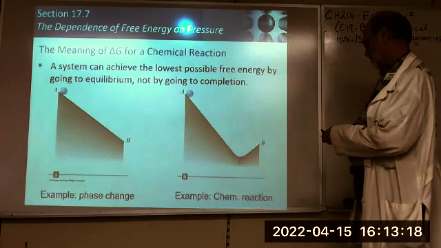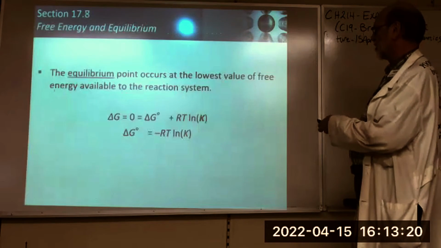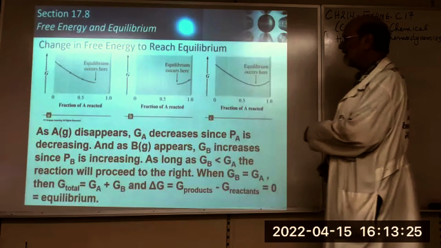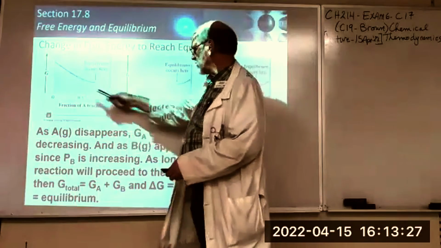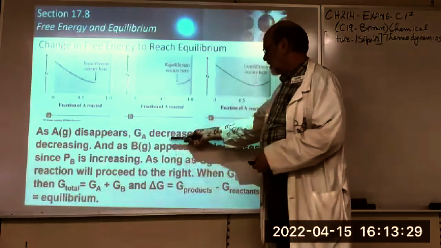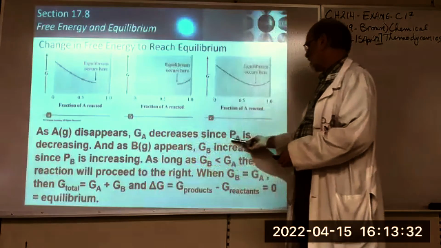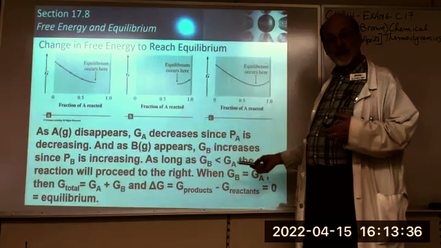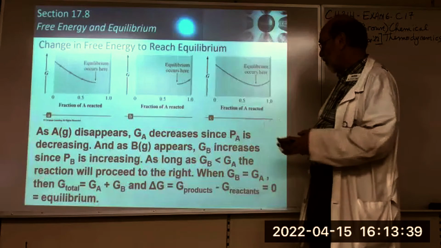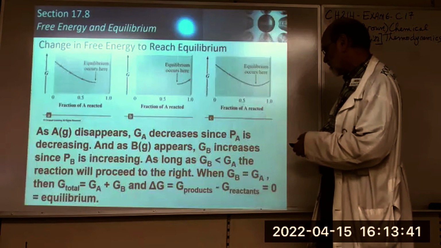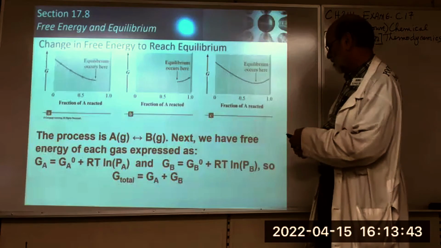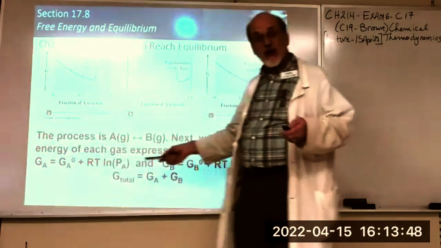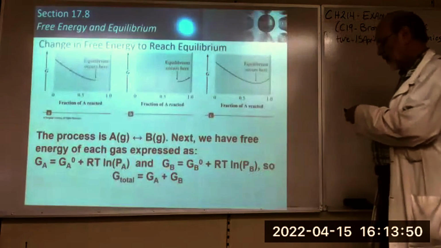Okay. Wait a minute, I'm going backwards. Sorry. Here we go. As A disappears in this one, the free energy decreases. Since P is also decreasing, the partial pressure of A is decreasing, so in our calculation, if this is decreasing, then G is also decreasing, becoming smaller.